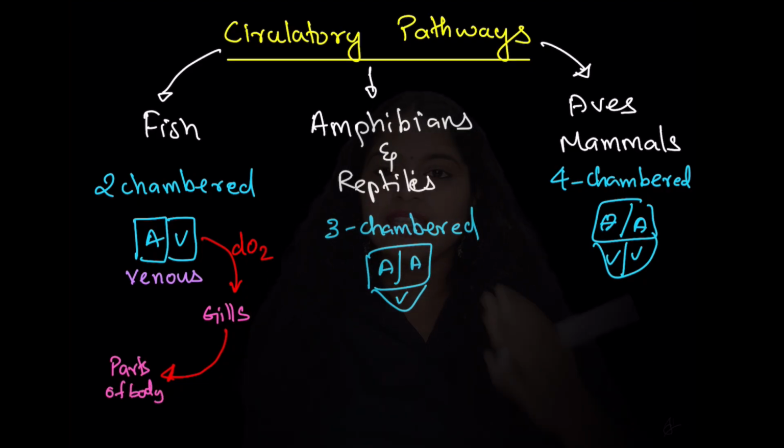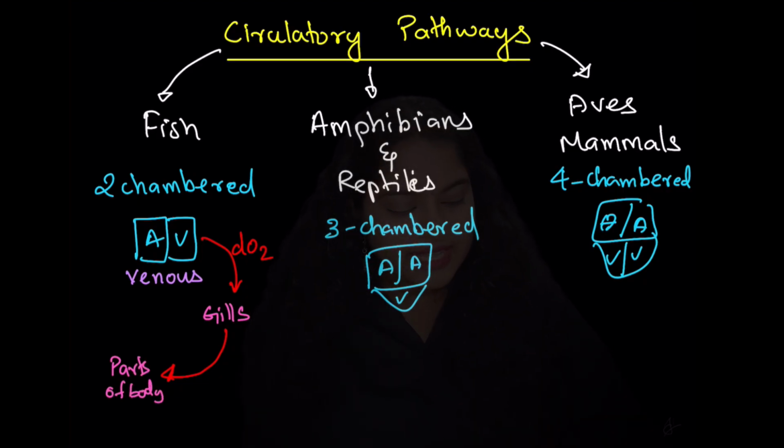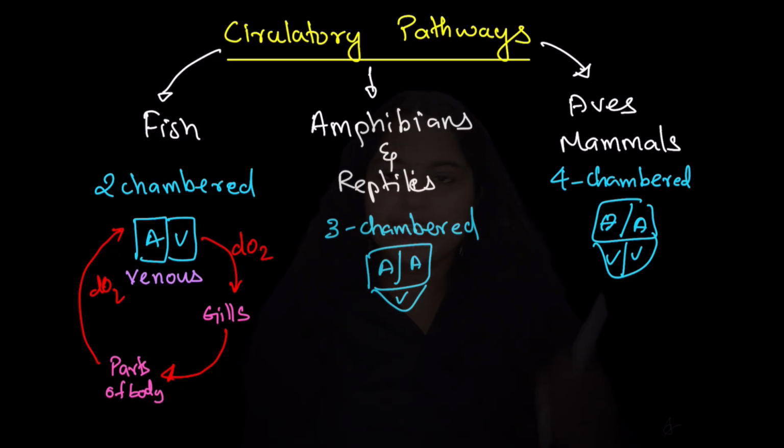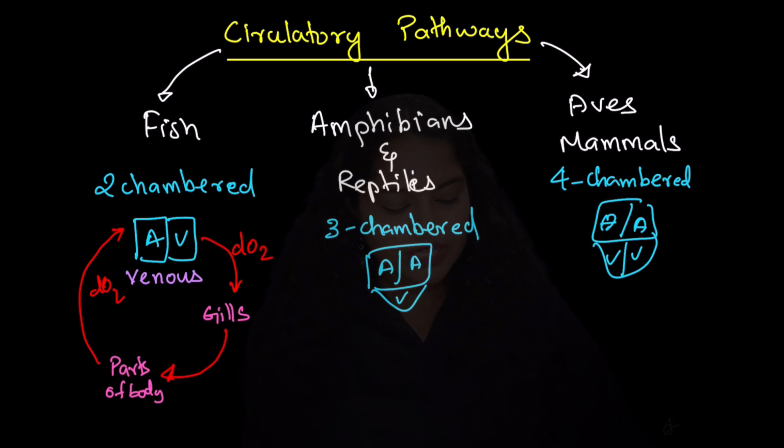There the oxygen is given, and then it becomes deoxygenated, goes back to the heart and is pumped back into the gills for oxygenation. So they have only one type of circulation. Only deoxygenated blood comes into the heart of the fish. This type of circulation is called single circulation.